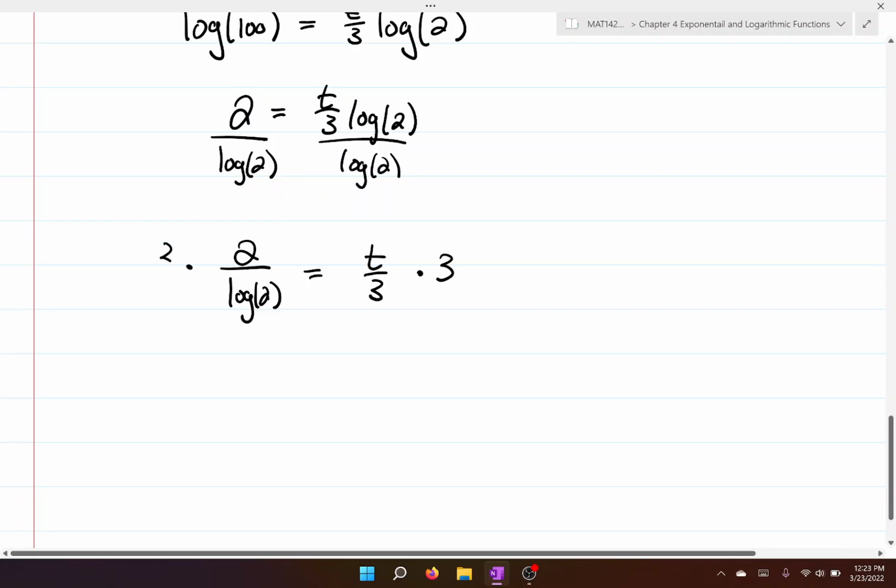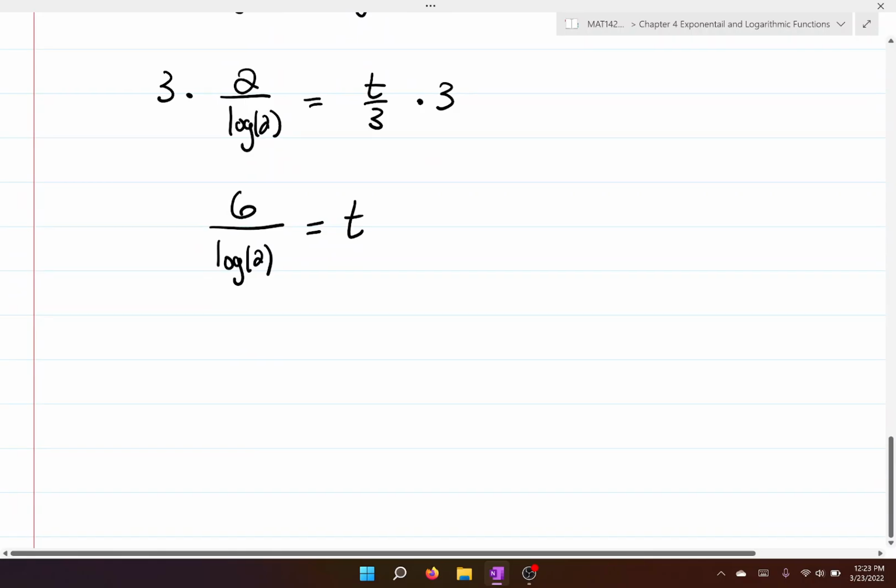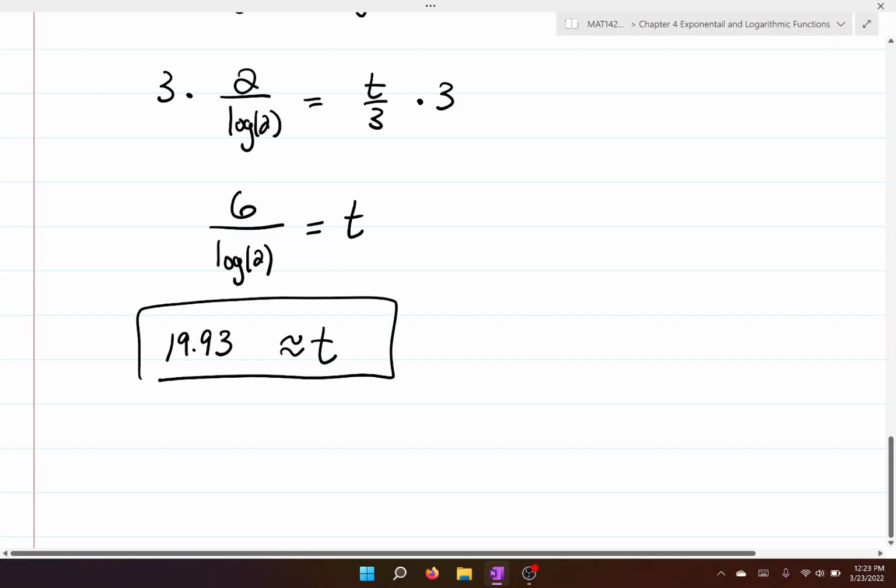And then multiply both sides by 3 to give me T. Sorry, let me write it like this. 6 over the log of 2 equals T. And get out a calculator. Type in 6 divided by the log of 2. And that's going to be approximately, rounded to 2 decimal places, 19.93.